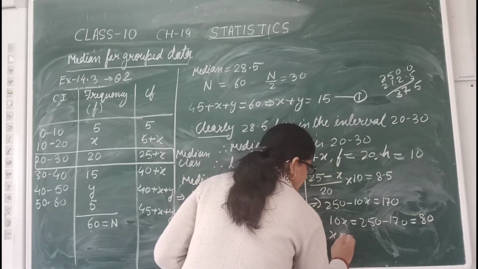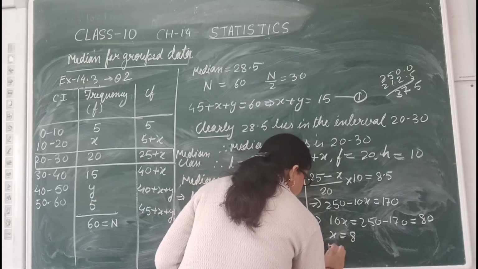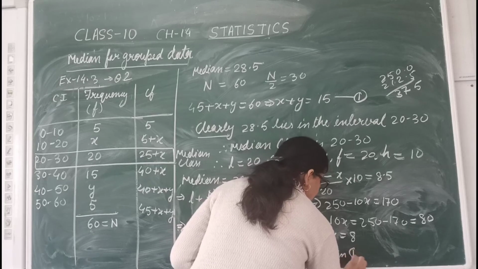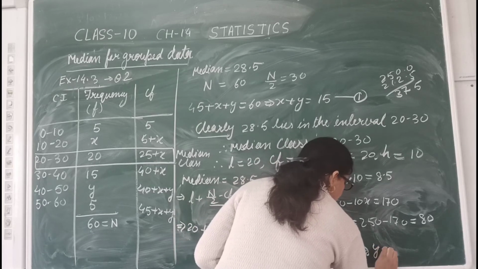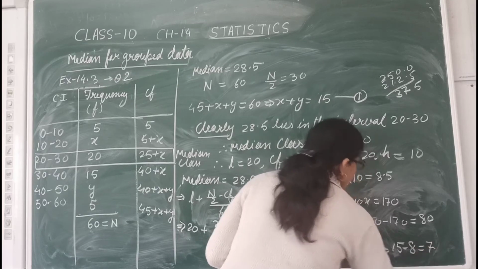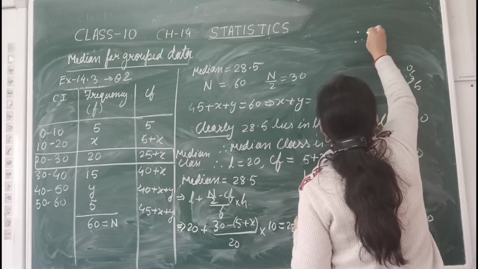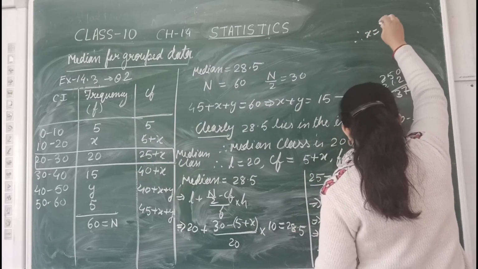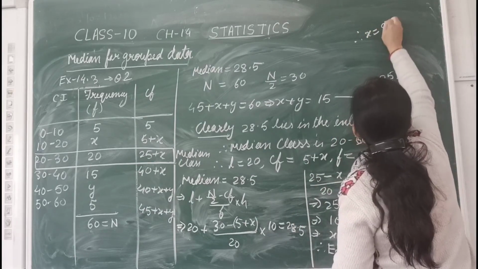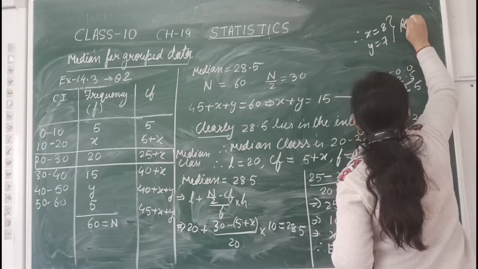This implies x equals 8. Therefore, equation 1 implies y equals 15 minus 8, that is 7. Therefore x equals 8 and y equals 7, and this is the answer.